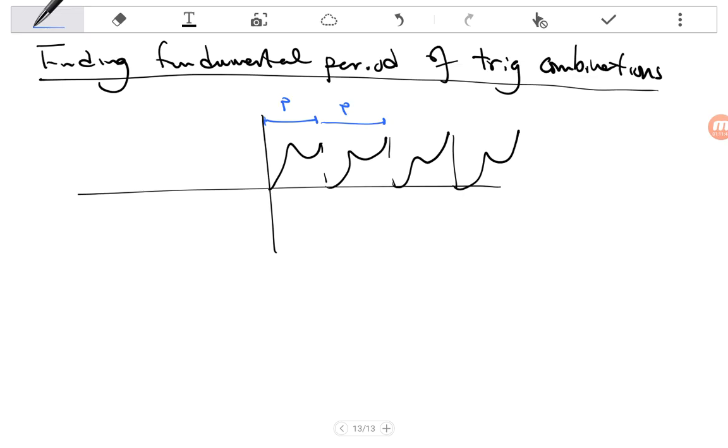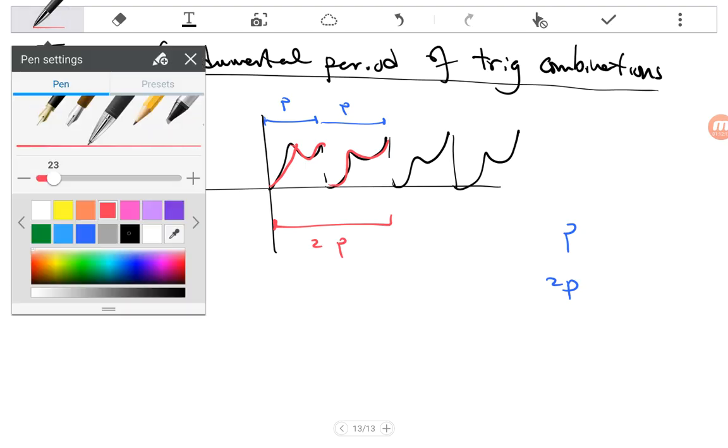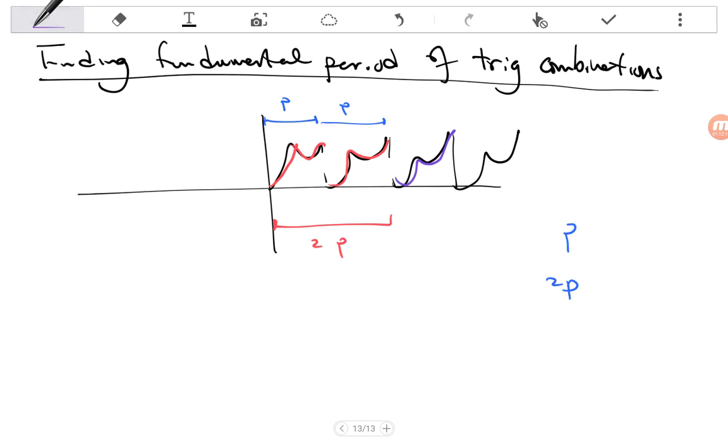Now, if a function repeats itself every period P, does it repeat itself every 2P or not? Can I say that this function repeats itself every 2P? Yes. If I look at the function, I can consider this whole as 2P. Does it repeat itself? Yes, as you can see here, this is another repetition, and so on.